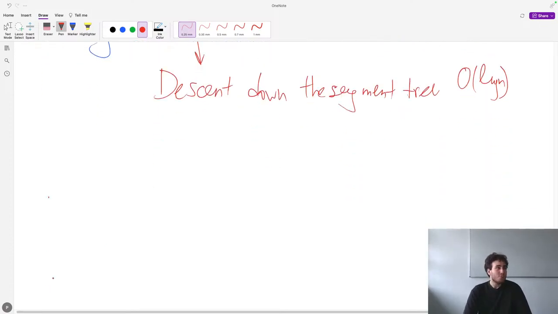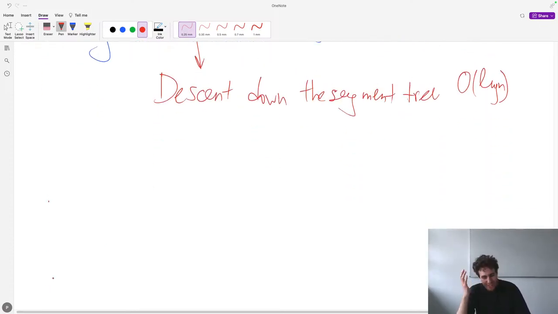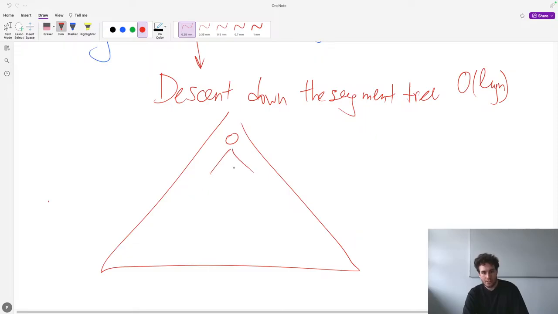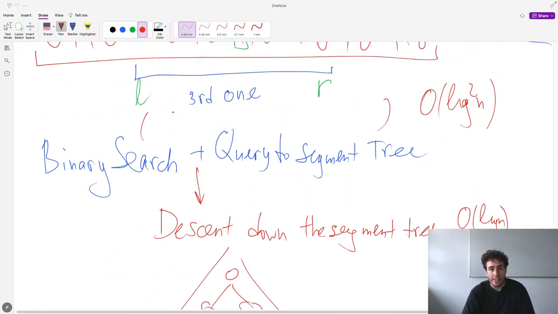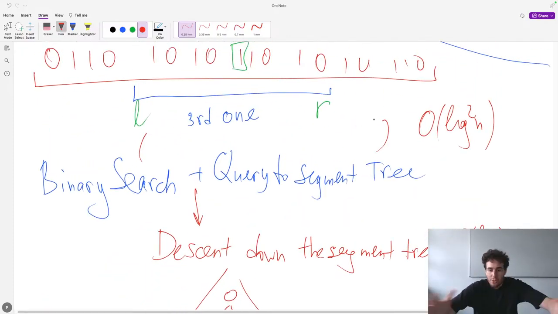Why? I just want to tell you that going down the segment tree is basically binary search. This is a super cool idea. Let's look at our tree. Let me give you the first example where I don't have a segment. I just want to find the kth one in the whole array.